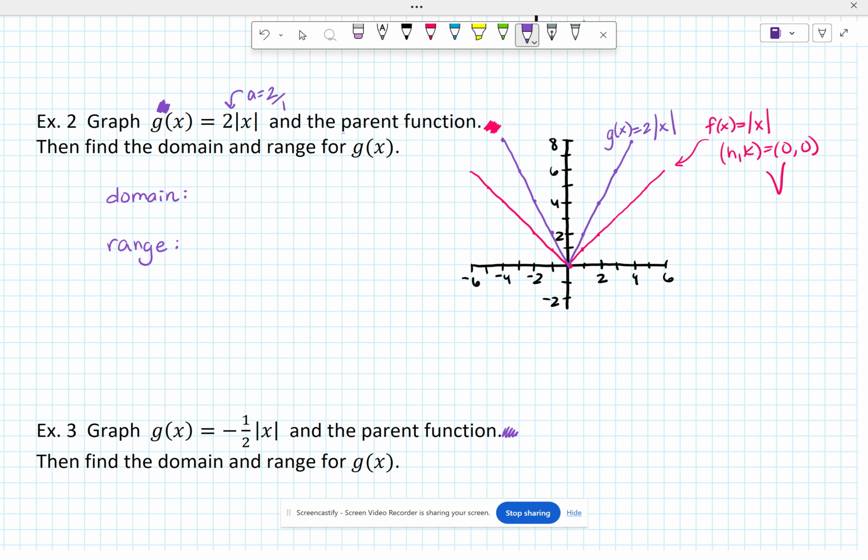As I look to the left forever and to the right forever of this graph, it's going to continue on forever. And so my domain is going to be all real numbers, just like it is for a quadratic. And I can write that as -infinity is less than x is less than infinity. Or if I were to write it in interval notation, it would look like -infinity to infinity.